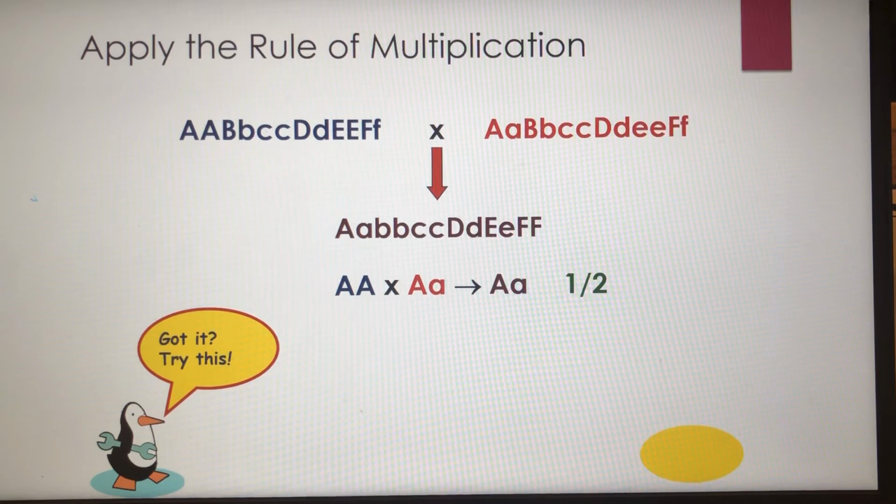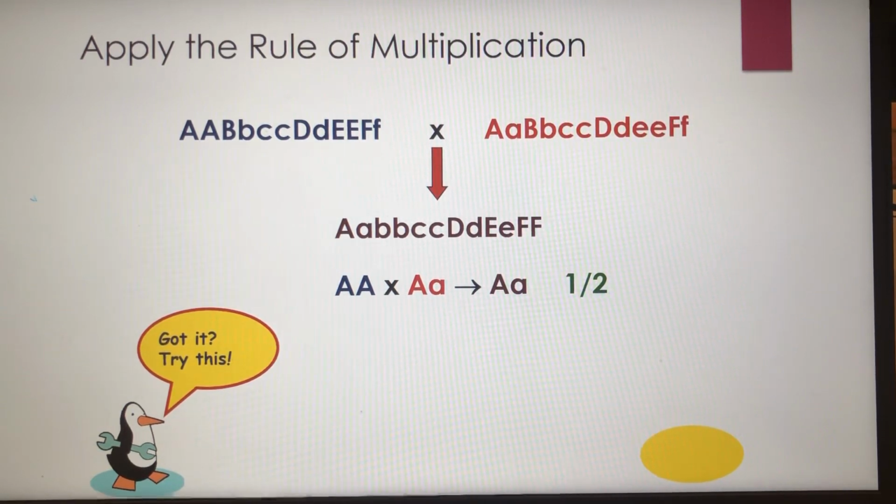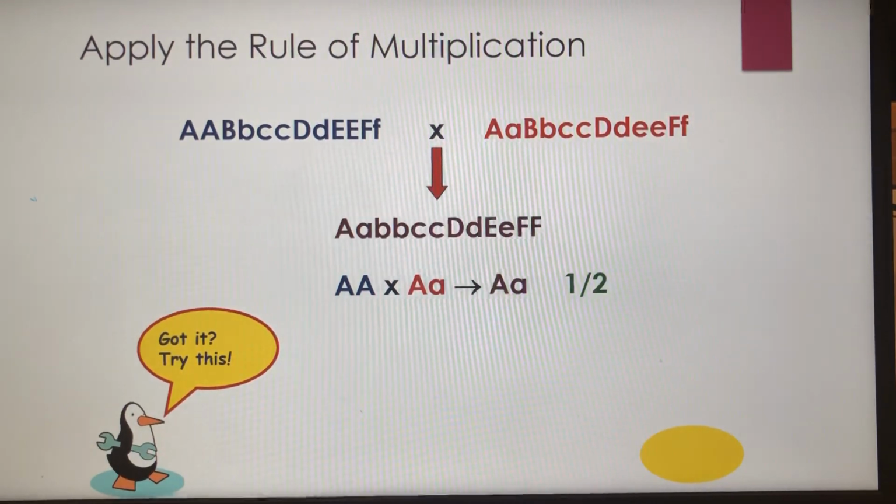Okay, what are your chances of getting a little b, little b? Well, what I'm going to really suggest is that you draw the cross, okay? You have a big B, little b, and the parent has a big B, little b.